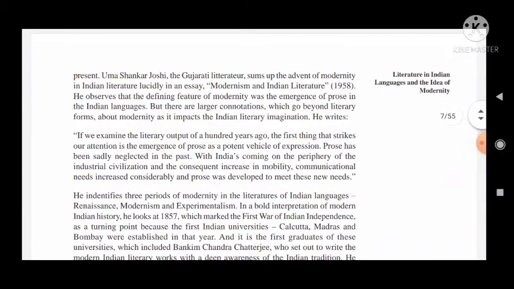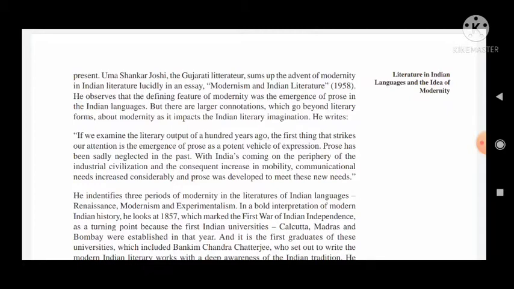Uma Shankar Joshi, the Gujarati literary figure, sums up the advent of modernity in Indian literature lucidly in an essay, Modernism and Indian Literature, in 1958. What do you mean by lucidly?